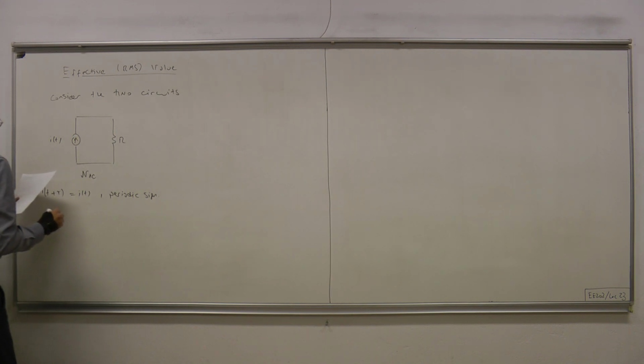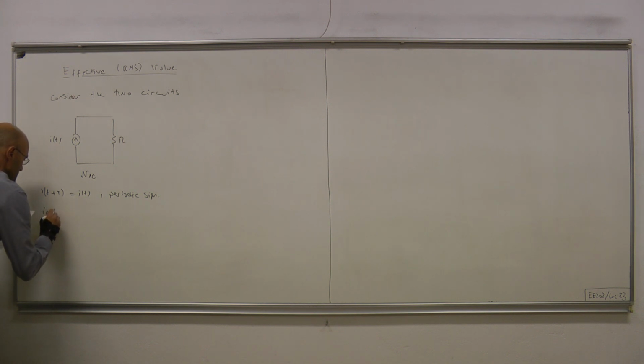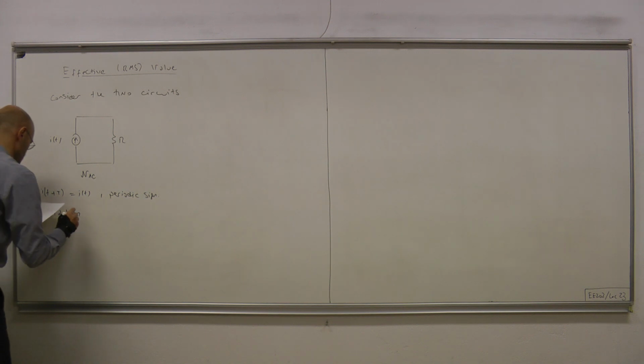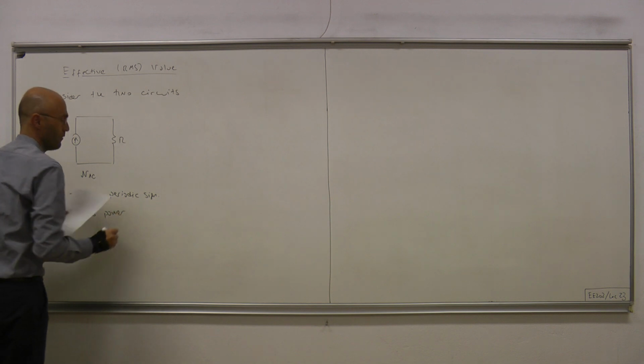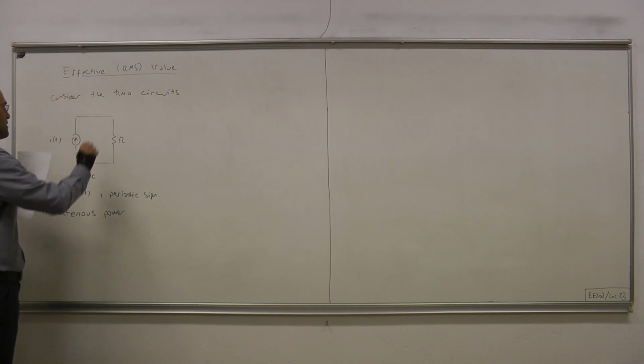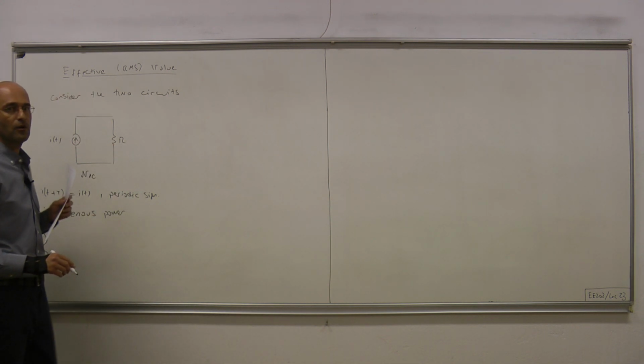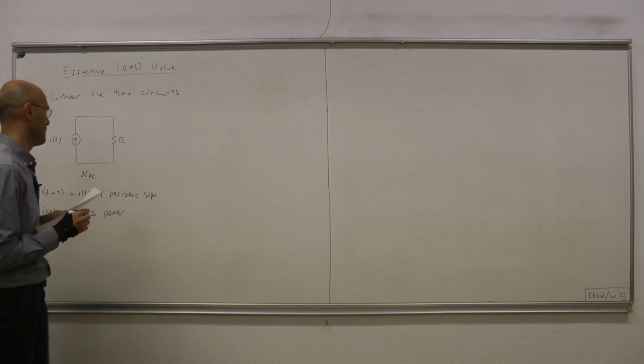For this resistor, the instantaneous power can simply be computed as the product of the current and voltage of the resistor.